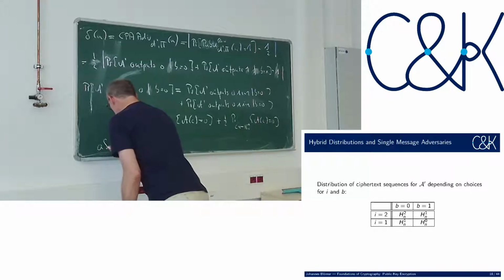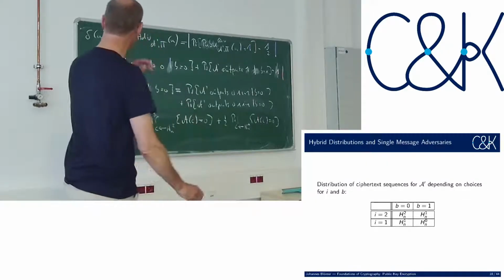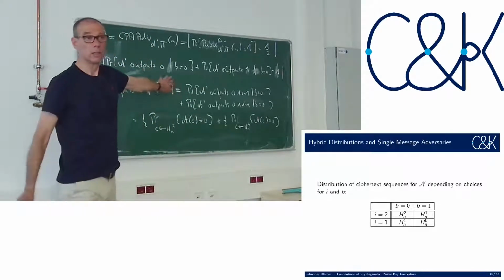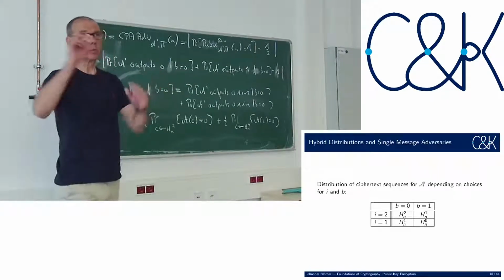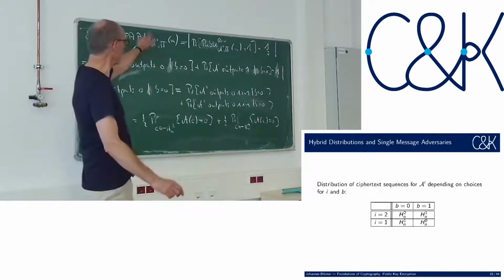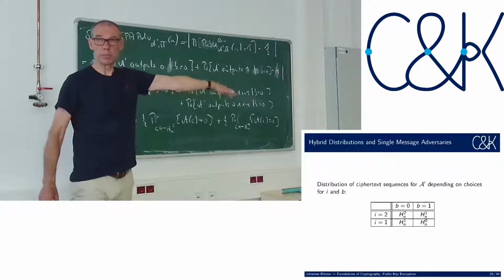And that is actually the same proof, just I start out with outputs 1 and B is equal to 1, and then do the same sequence of steps, basically.